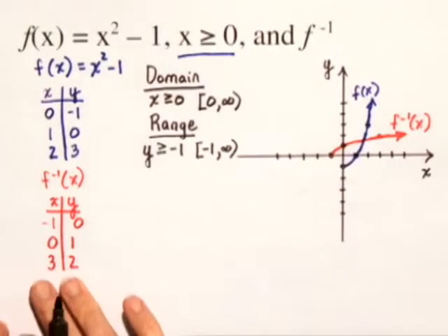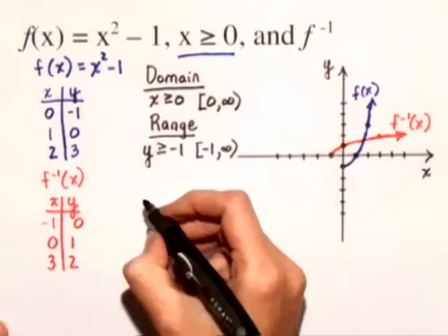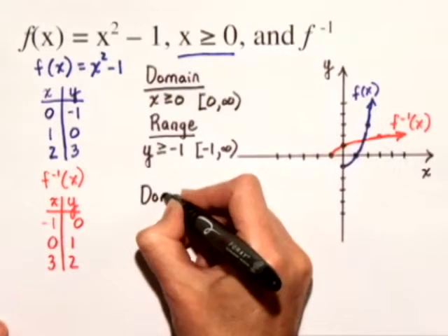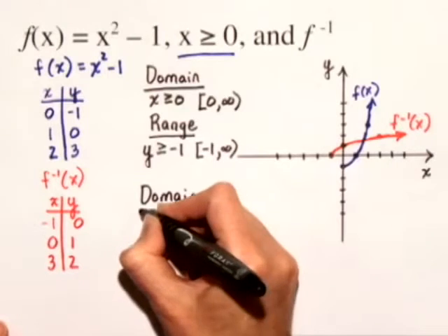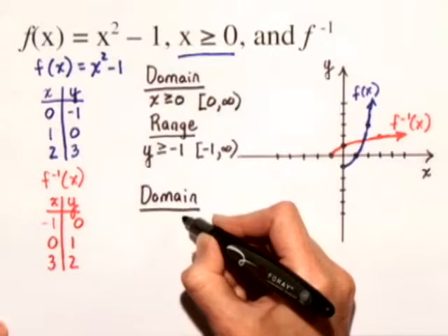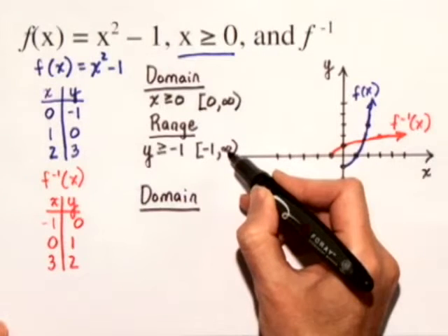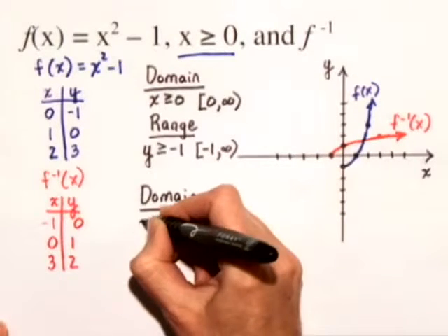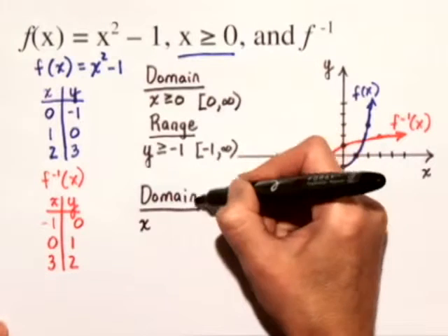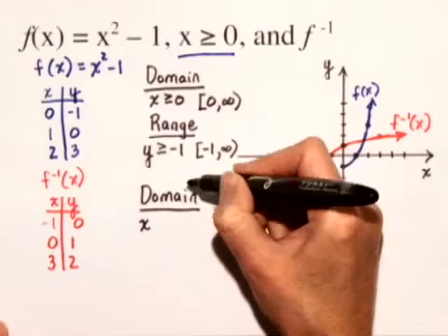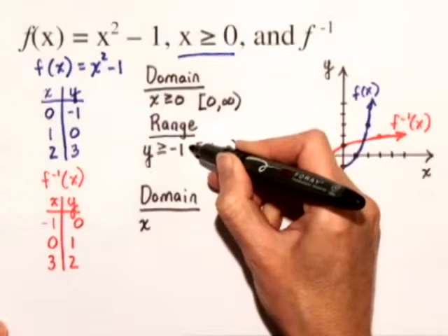Now we're going to look at the domain and range of the inverse function. So the domain of the inverse function is the same as the range of the original function. But remember, domain, we're talking about x. So the domain of my inverse function is the same as the range of the original function.